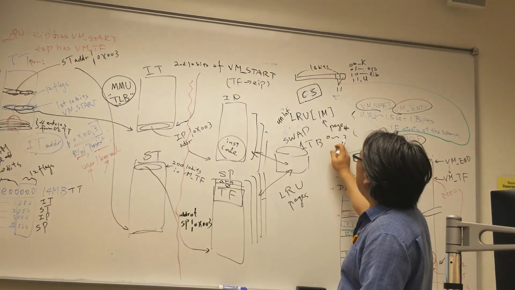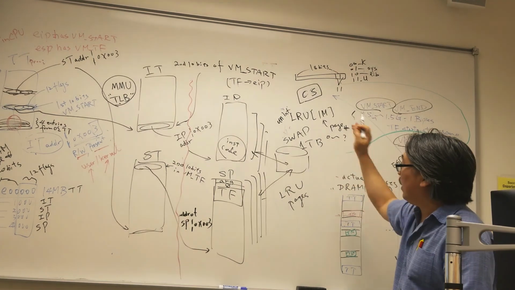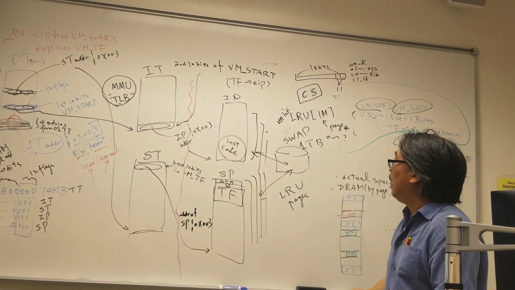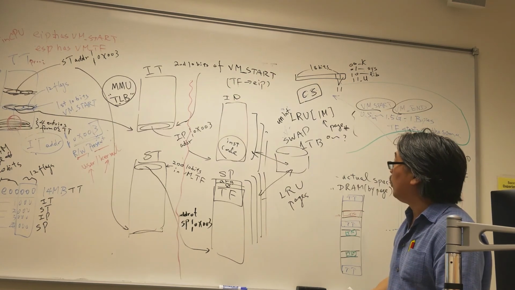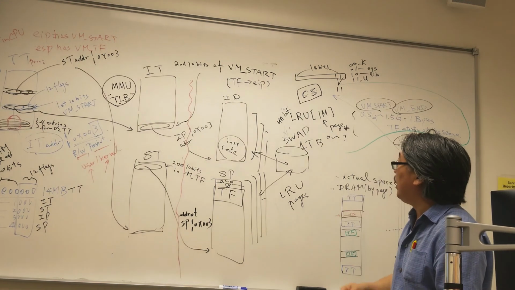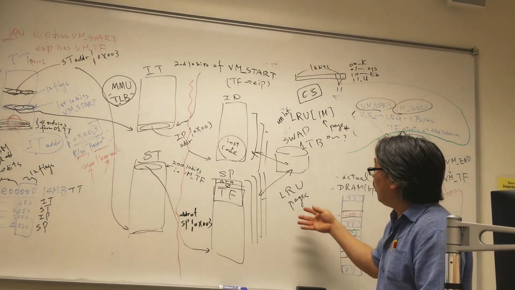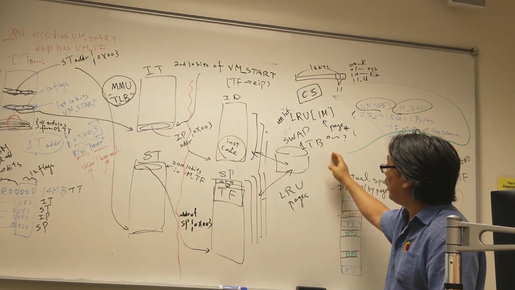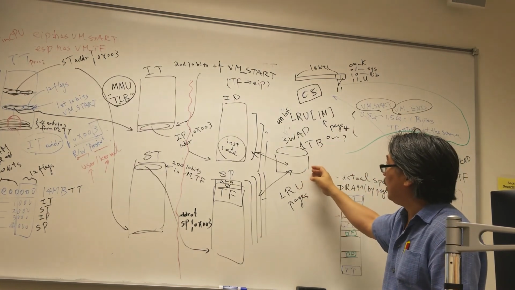Initially it is 0, and we can set it to 0 whenever the page is accessed. When it's not accessed, we increment it by 1. So we have an aging number here, and whichever pages have the largest number can be swapped out to the disk.